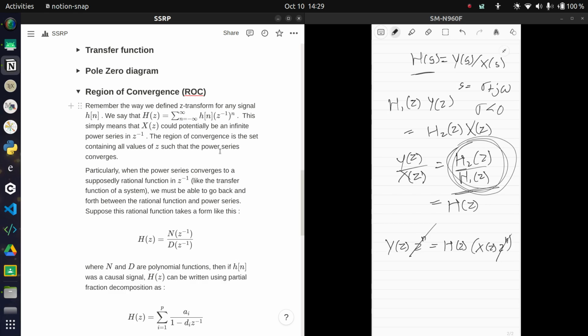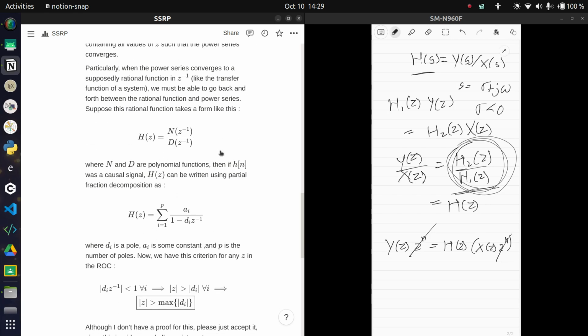When your H(z) is a rational function, you can rewrite it through partial fraction decomposition as a sum, expand these single terms as power series in z inverse, and then say these power series should converge as well. I don't have a proof for this, but I trust the sources I got on the internet.